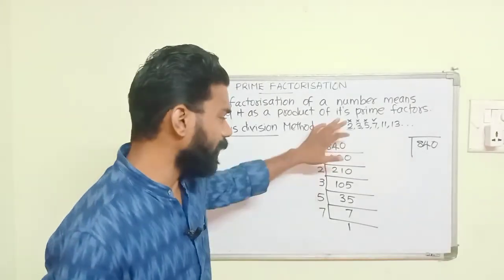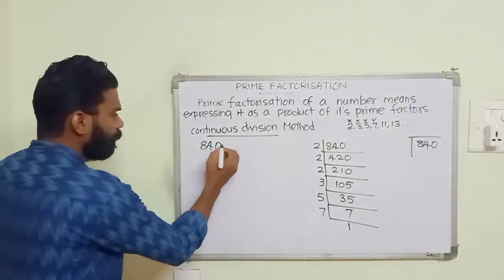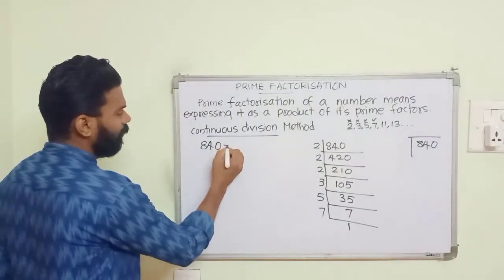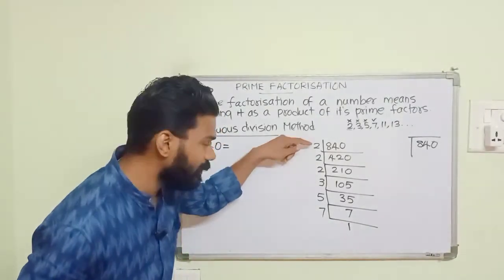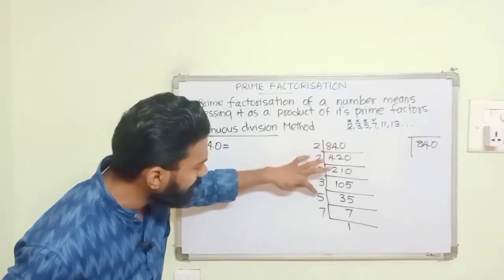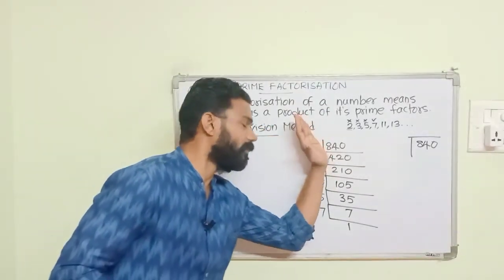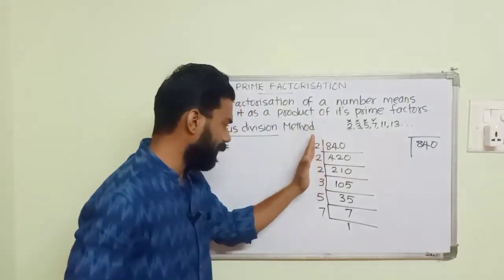And once you finish the continuous division, we will get the prime factorization for this 840. The prime factorization for this 840 will be the product of all these prime numbers which came as the divisors, which are found on the left side like this.